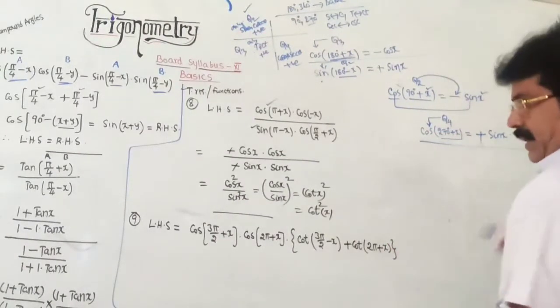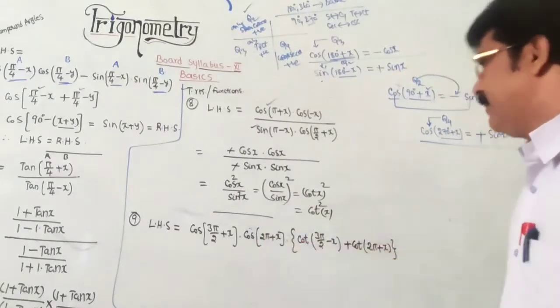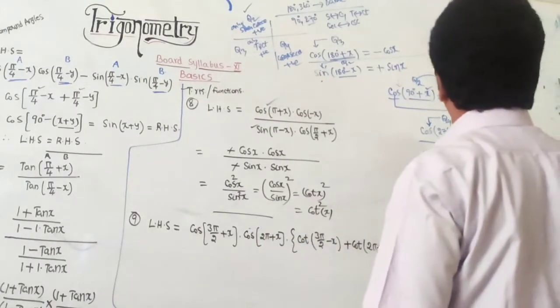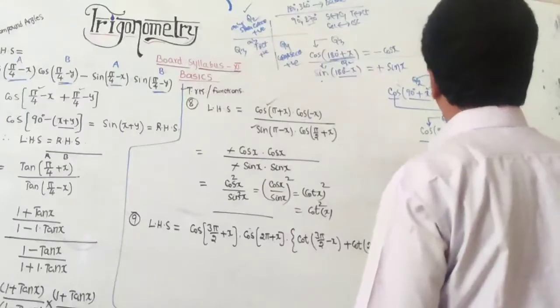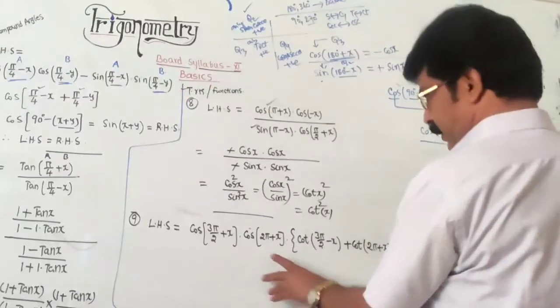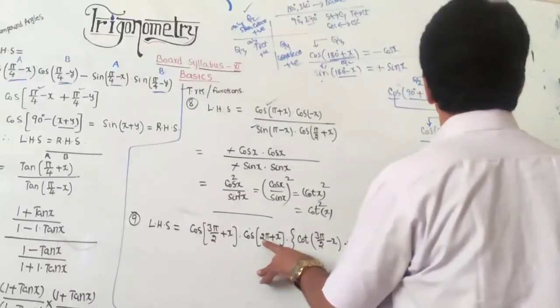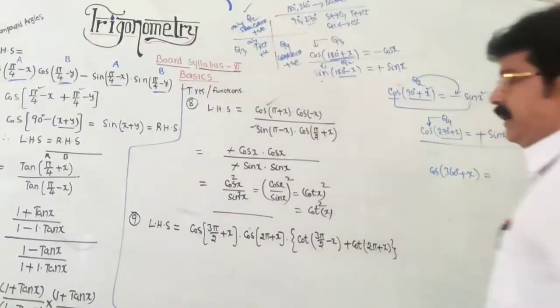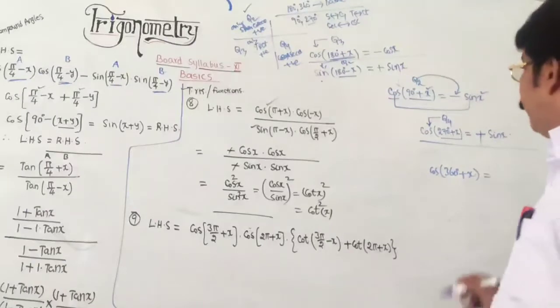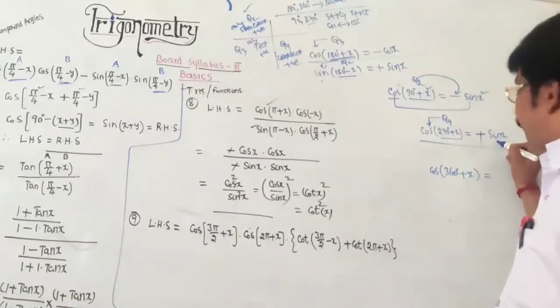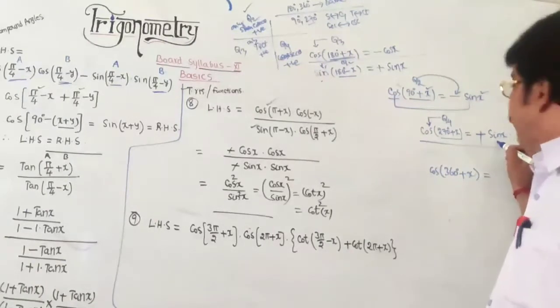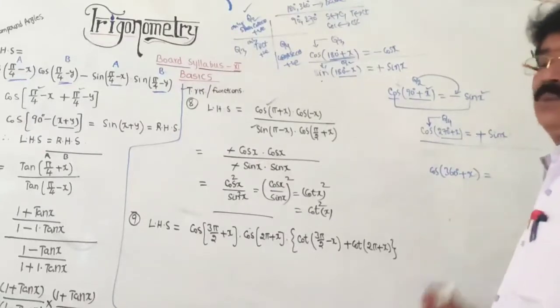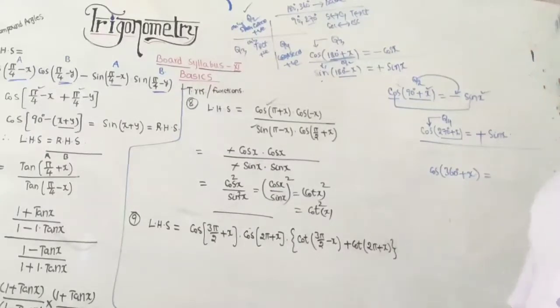Okay, keep it up. Next, the second one: cos of 2 pi, meaning 360 degrees, plus x, that is equal to sin x. I can write it directly, it is the formula, but I wish to explain once again.